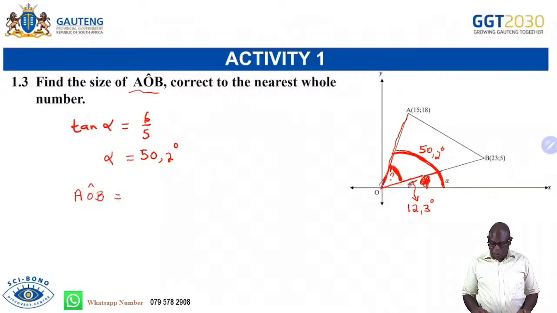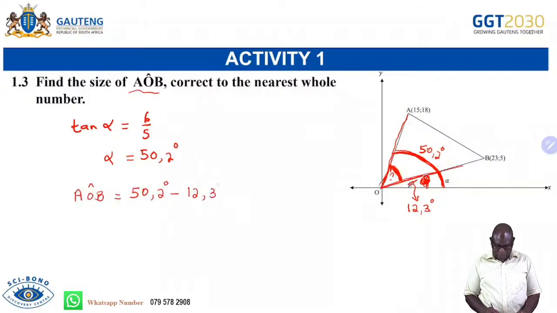It's between those lines AO and OB. So AOB will be the whole angle 50.2 degrees minus 12.3 degrees. Then the angle that is left will be 37.9 degrees.